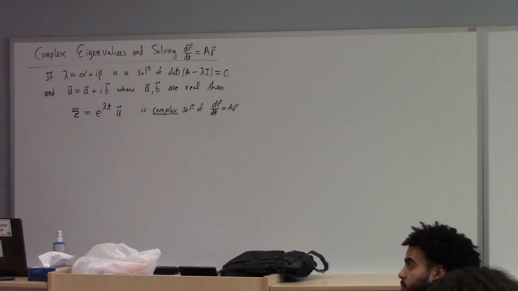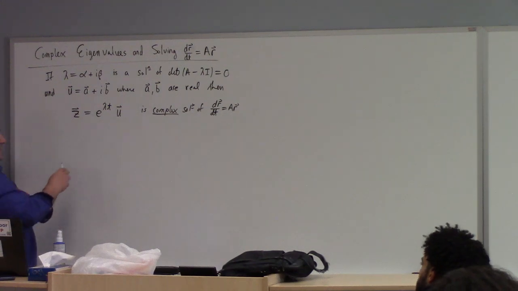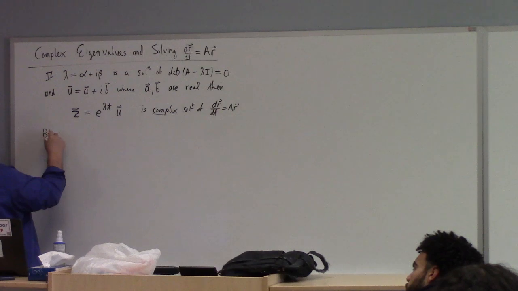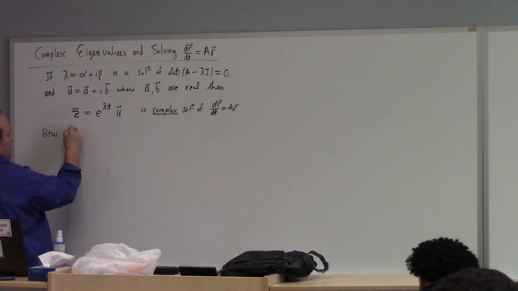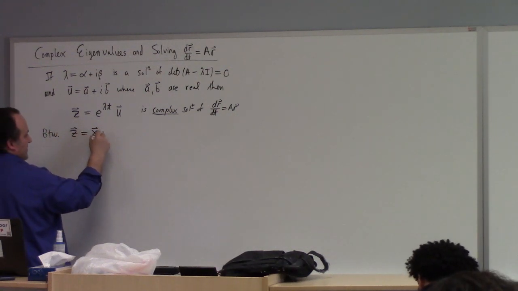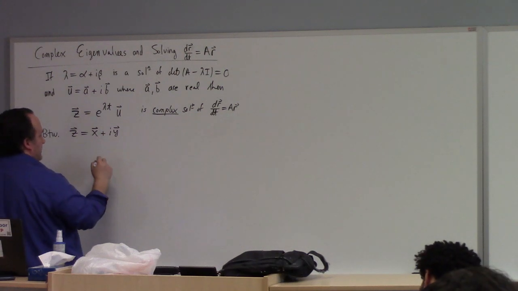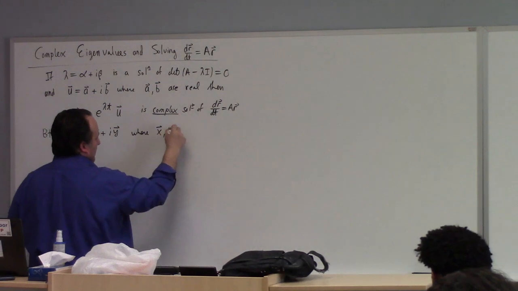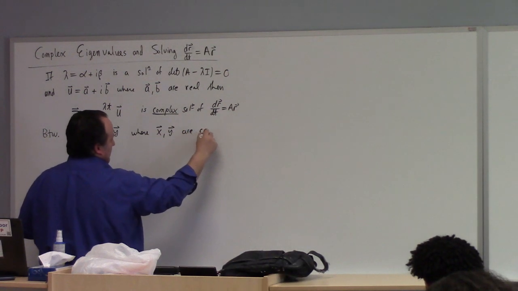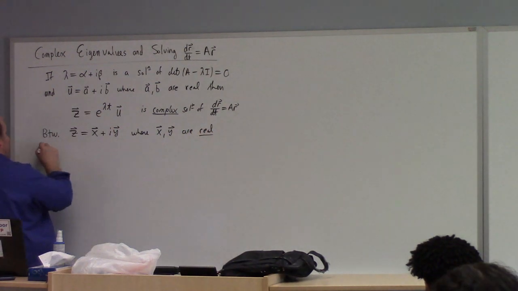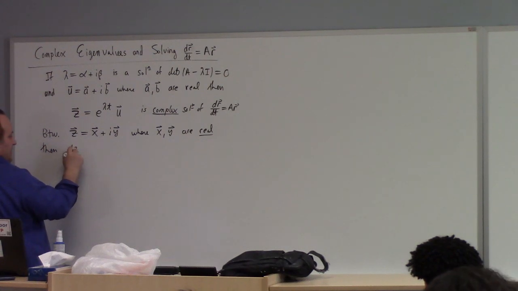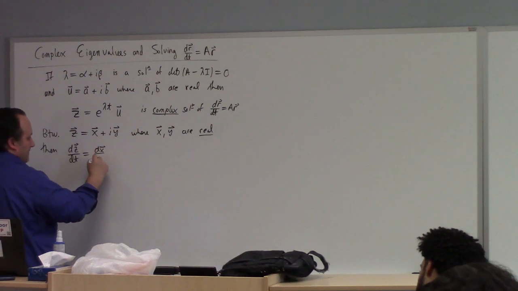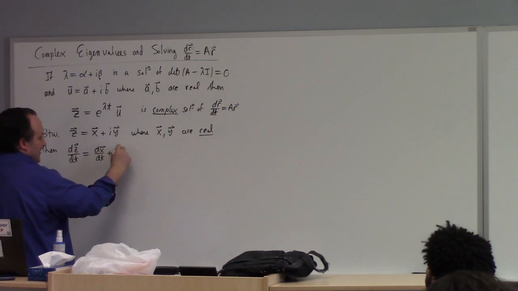So the way to come to terms with this is to notice that if z is equal to x plus iy, where x and y are real vectors, then dz/dt is equal to dx/dt plus i times dy/dt.